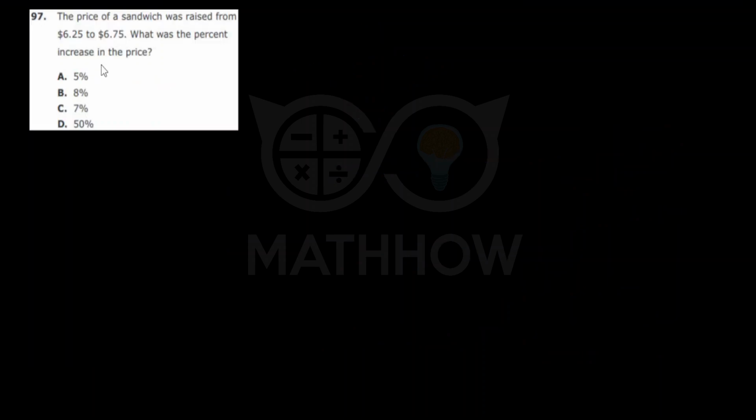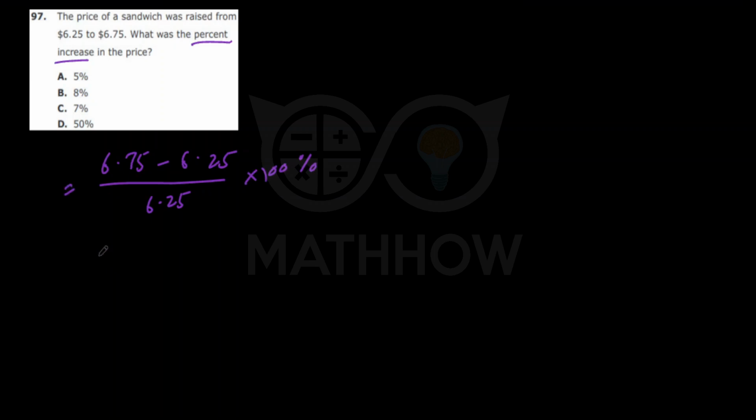Question number 97. The price of a sandwich was raised from $6.25 to $6.75. What was the percent increase in the price? This question is similar to question number 95 that we just did before. To find the percent increase, subtract the initial price from the final price and divide by the initial price and multiply it with 100%.